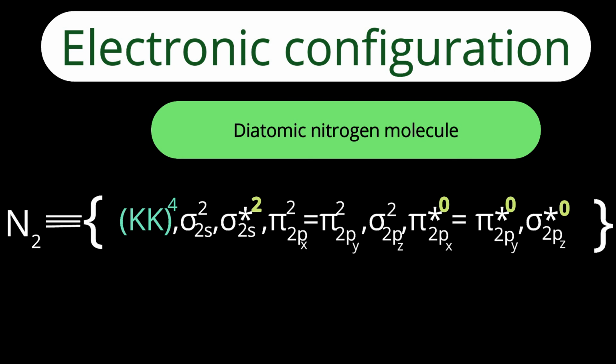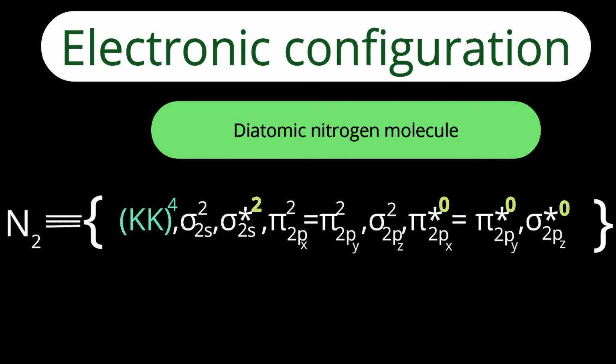Their energies are the same, so an equal sign is represented in between. How many electrons do they have? No electrons. And the highest energy orbital, sigma star 2pz, also has no electrons. Then our special bracket completes. That's the electronic configuration for the diatomic nitrogen molecule.